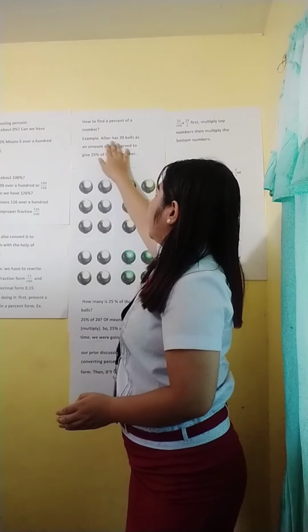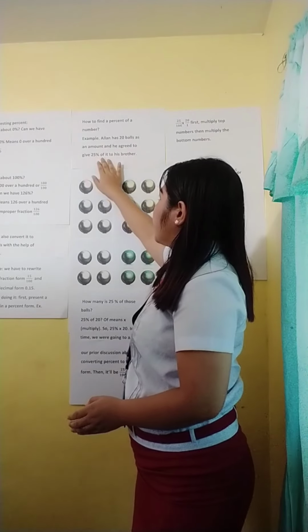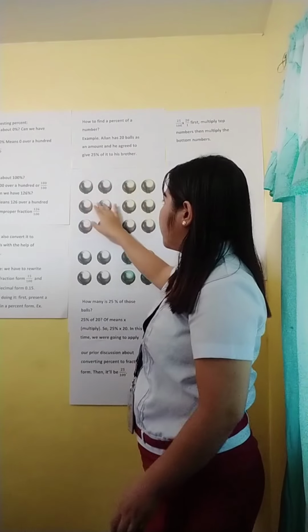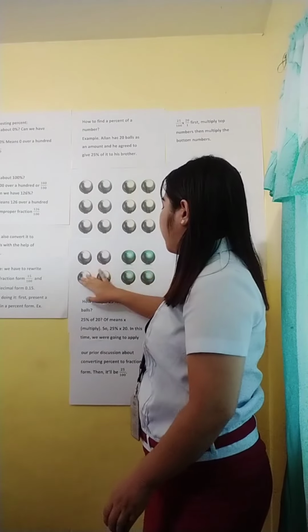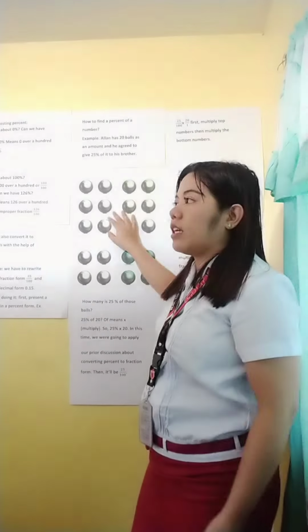Example: Alan has 20 balls, and he agreed to give 25% of it to his brother. So we have 1, 2, 3, up to 20 balls.